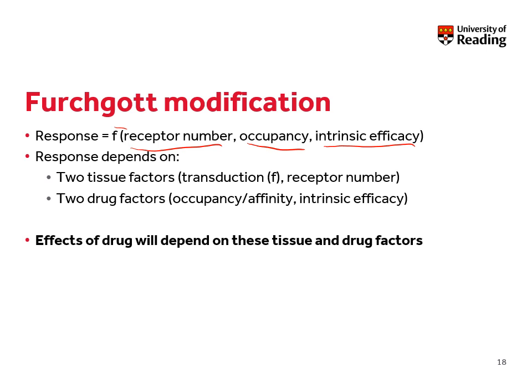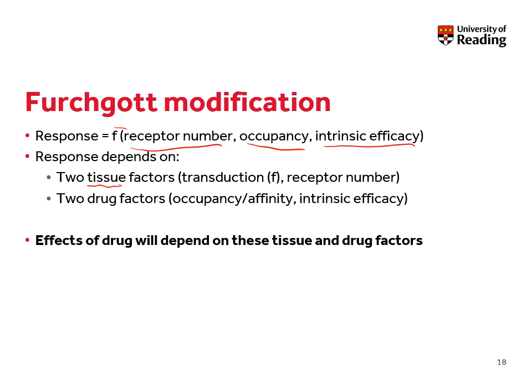It depends on what we call tissue factors, in other words, properties of the cells that have been stimulated. That means the transduction pathways and the number of receptors expressed on that tissue. You can have lots of receptors expressed on the tissue, but if you don't have the correct second messenger systems expressed in that cell as well, then you're not going to get much of a response.